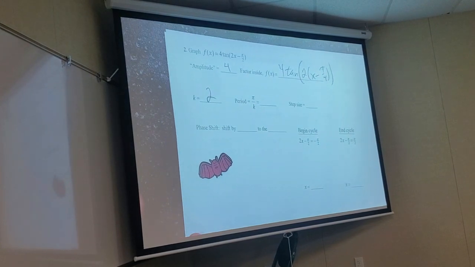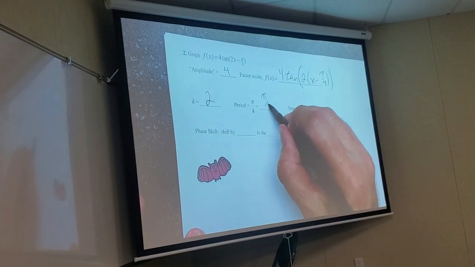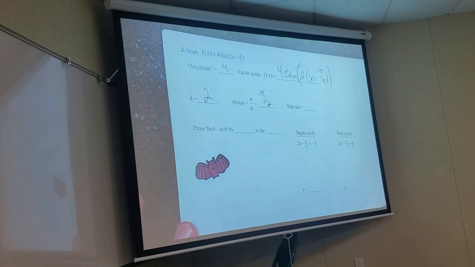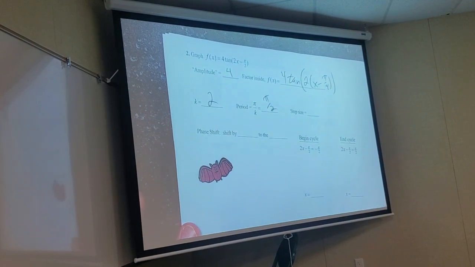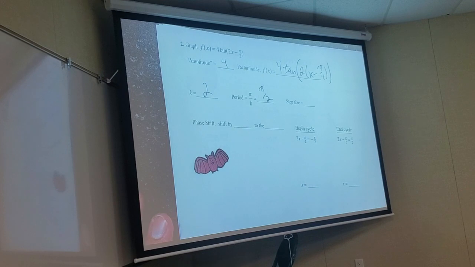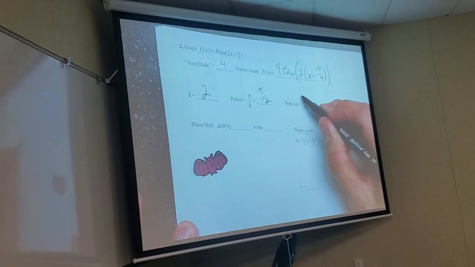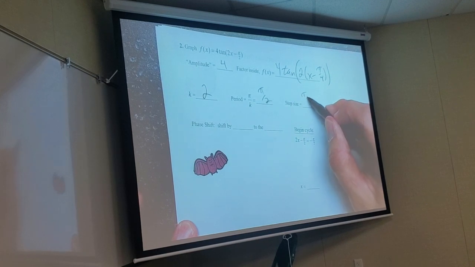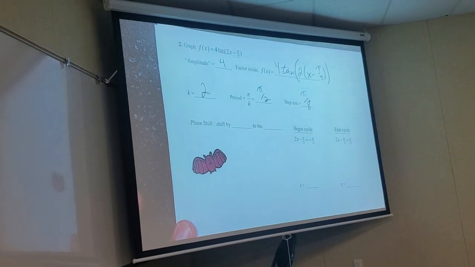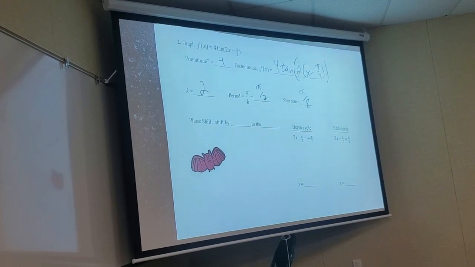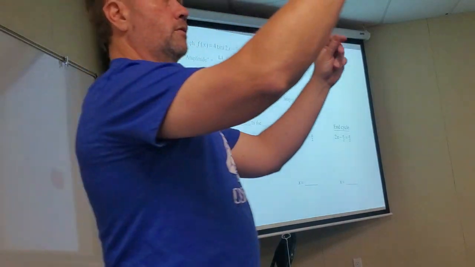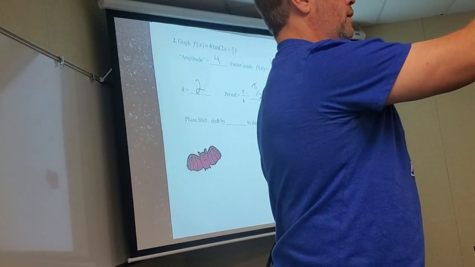So now I'm working with tangent, so that'd be pi divided by 2. What's the step size? Divide that by 4, right? So it'll be pi over 8.